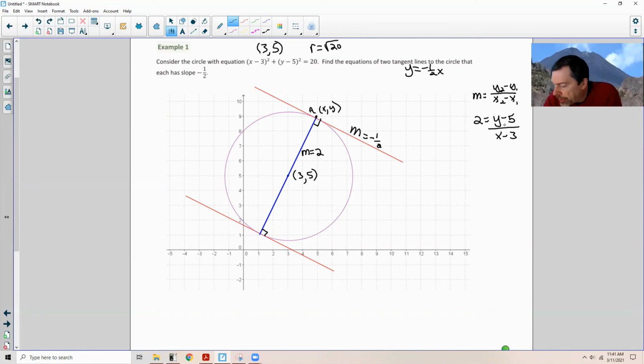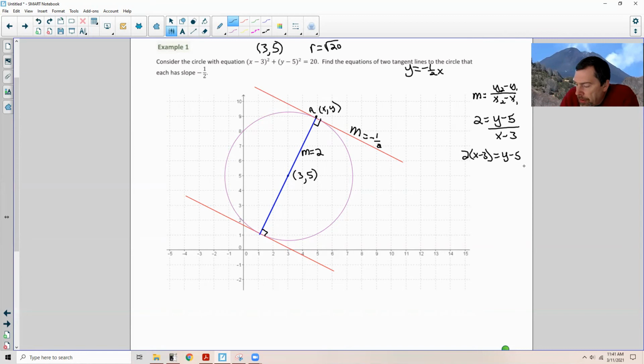There's not much more I can do with that at this moment. But what I can do is move the x minus 3 over. So multiplying both sides by x minus 3 will give me 2 times x minus 3 equals y minus 5.